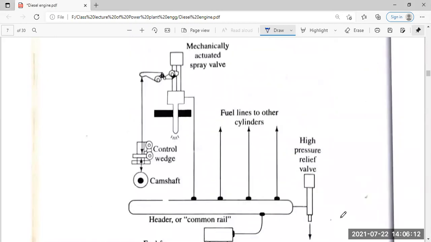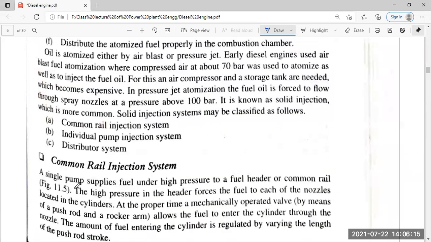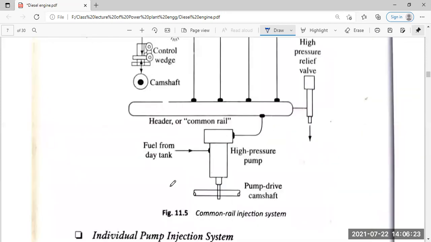Here the fuel comes from the day tank, which is used for the day and is filled up as required. From the day tank it goes to the common rail or header, a chamber which acts as a supplier to a number of lines.